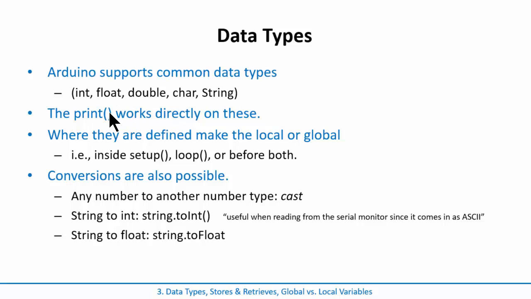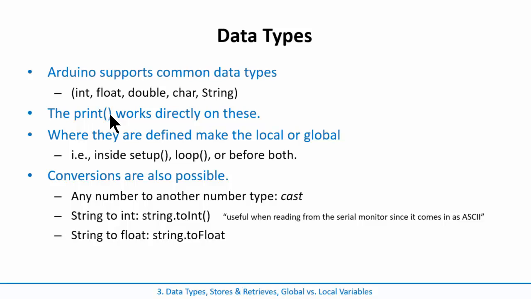So in addition to being able to print out a message to the serial monitor, you can just say print and then put the variable name in it, and it automatically recognizes what type it is, and then it'll pop it out. Where we define these things, whether it's in the setup or the loop routines, is going to dictate whether it's a local or a global variable.